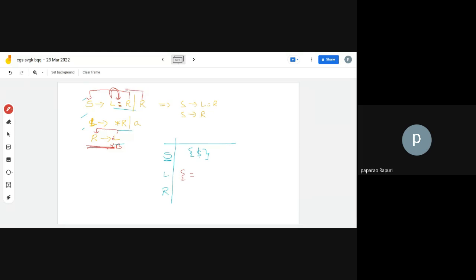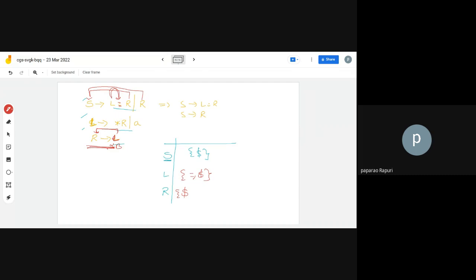From this also we can write the same: follow of S is equal to follow of R, that means dollar. So I can add here follow of L is equal to follow of R, that is dollar also.